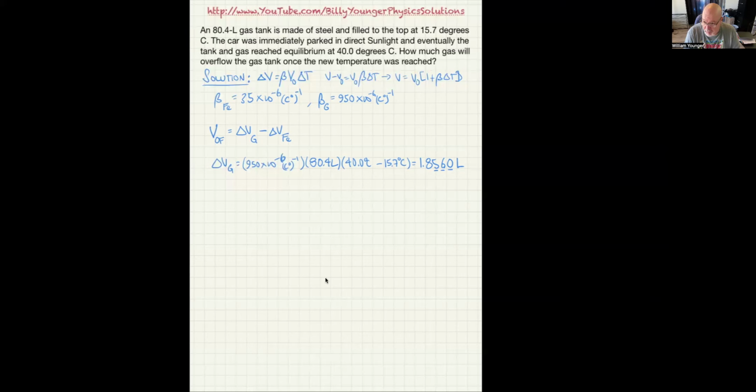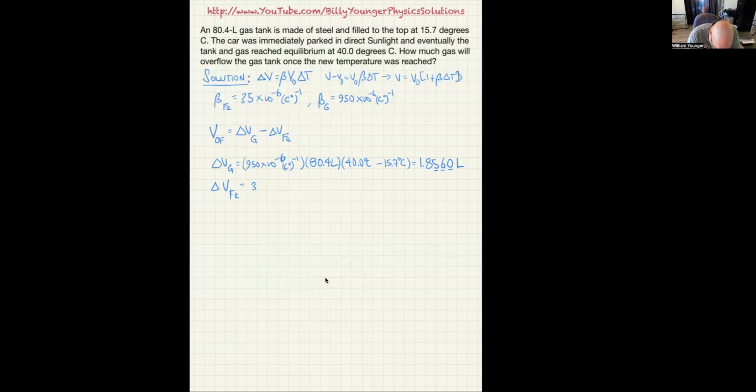Now we want to find out how much the actual tank is going to expand, because that will accommodate some of this leakage, and prevent it from being leakage for that matter. So the delta V for the iron, again, we're imagining the inner part of the tank as if it's made of, instead of air, as if it's made of steel, and then we're calculating what that steel would behave like, and that turns out to be exactly what the inside of the tank behaves like.